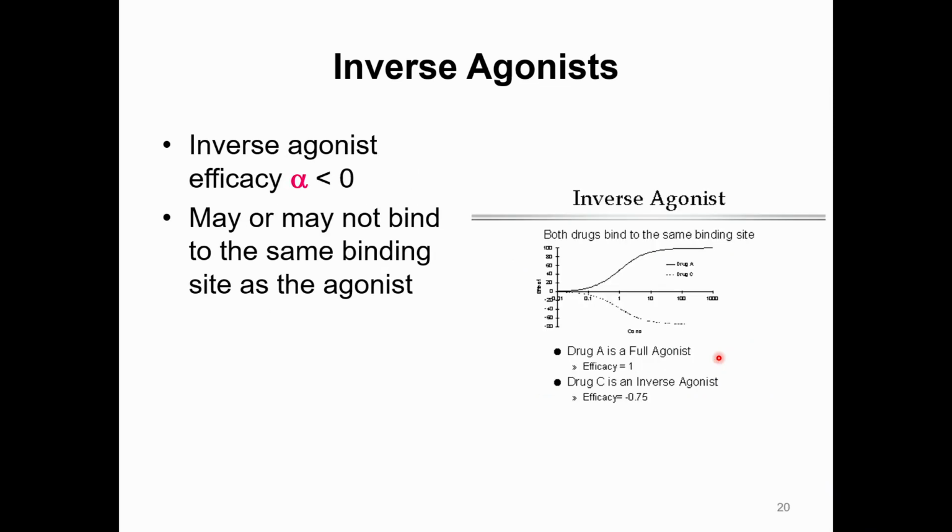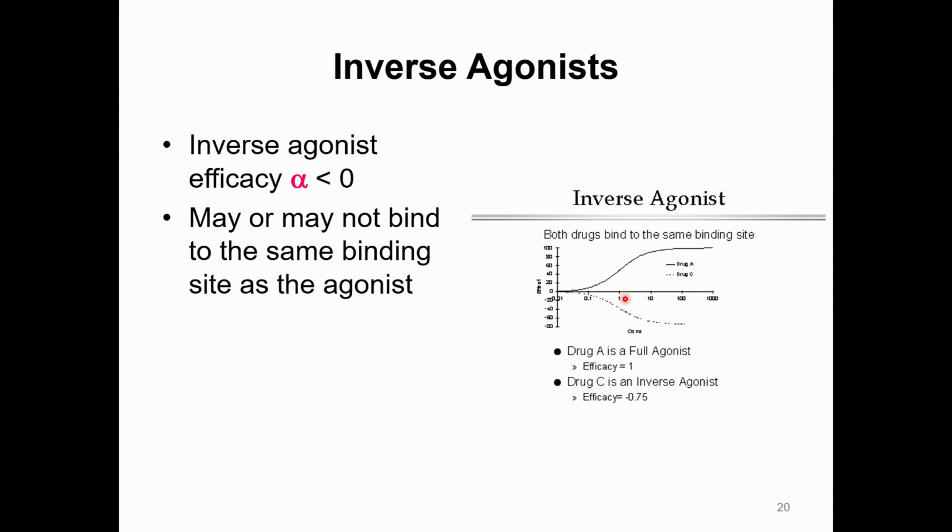So I showed you kind of full and partial agonists. Inverse agonists are the one case where efficacy alpha is less than 0. And so here is drug A, a regular agonist, looking at increasing concentrations of the drug and effects on efficacy. The bottom one, drug C, as you add more drug, it actually goes below 0.